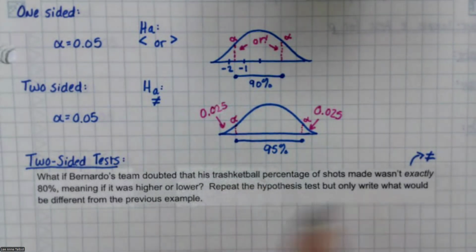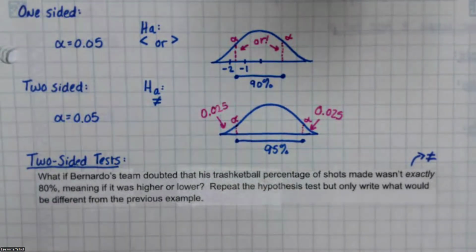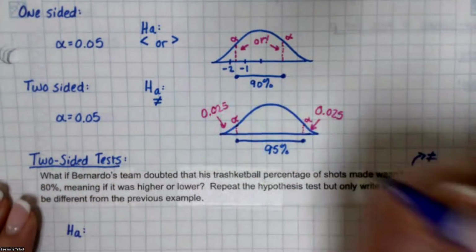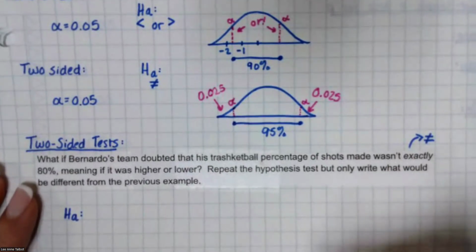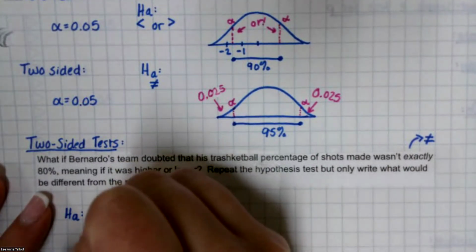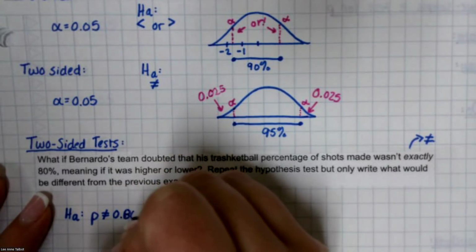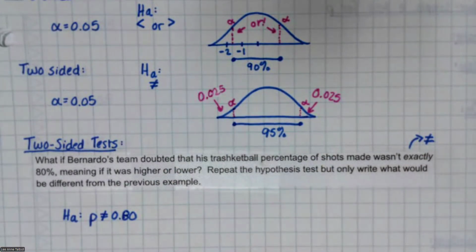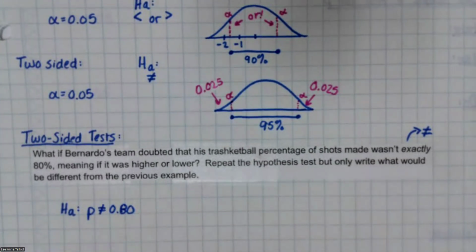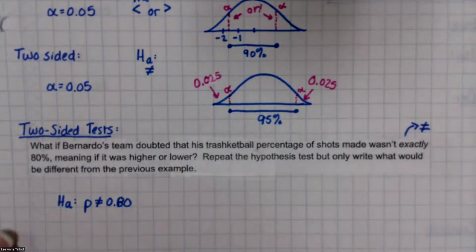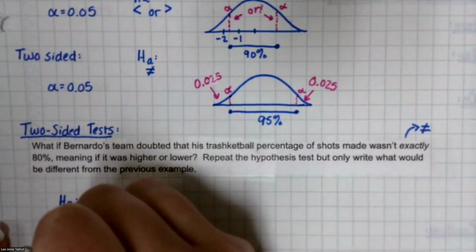Repeat the hypothesis test, but only write what would be different from the previous example. Okay, so the only thing that would change would be the Ha. Instead of being greater than or less than, it would be P is not equal to 0.80. And then the only other thing that would change in the whole problem is the p-value.